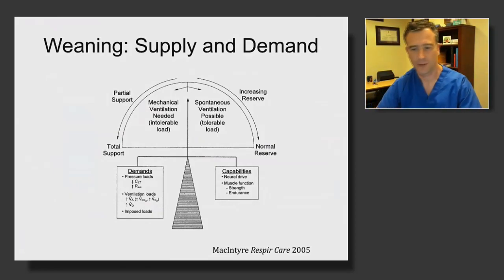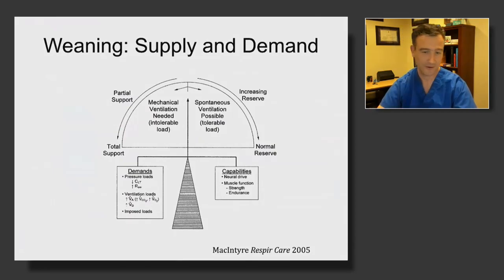So what is it that makes a patient dependent on a ventilator? Well, you can think of difficult weaning and respiratory failure in general as a problem of supply and demand. The patient has respiratory loads placed on their system that reflect the mechanics, the dead space, the rate of CO2 production that needs to be cleared, and other imposed loads. And then they have the capability of their system, their respiratory muscle strength and their respiratory drive.